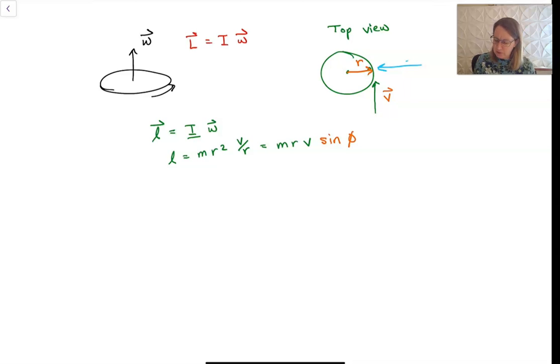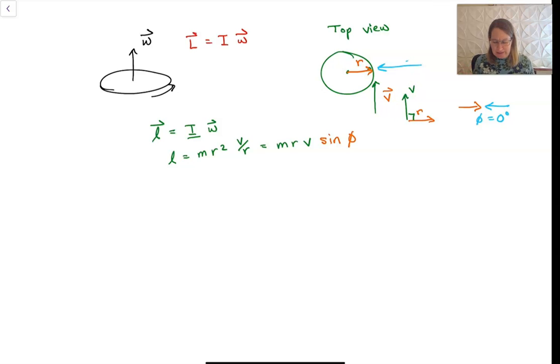In the first case, between r and the green v, 90 degrees gives me a 1, whereas comparing r with the blue vector, the angle is 0 degrees, so it doesn't cause it to rotate.